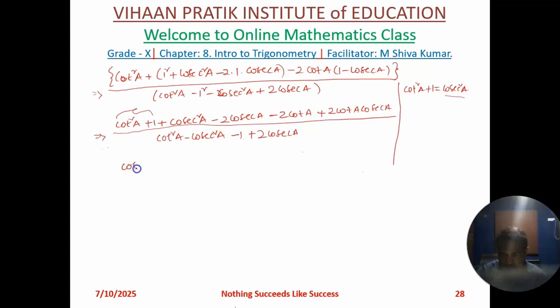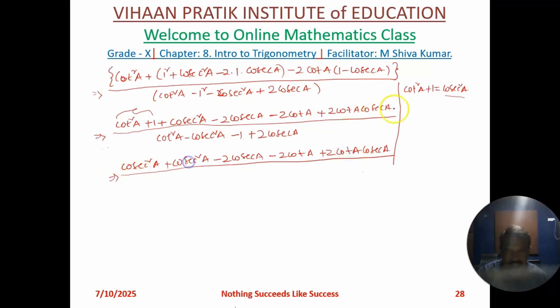So cosecant square A, this plus already we have cosecant square A minus 2 cosecant A minus 2 cot A plus 2 cot A cosecant A. This is the numerator. Now the denominator is, from this I'll bring cosecant square A to LHS and 1 to RHS.